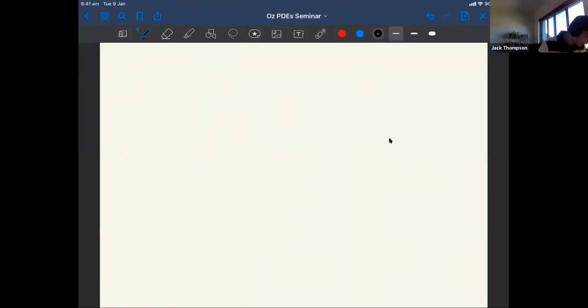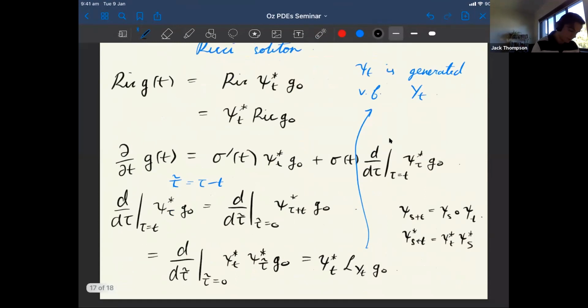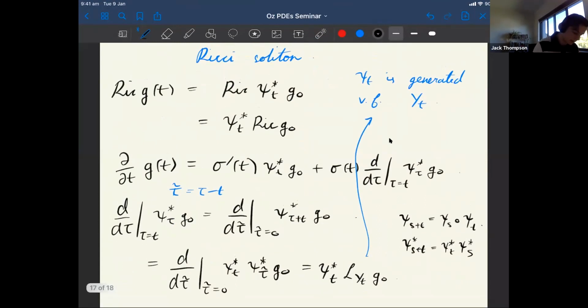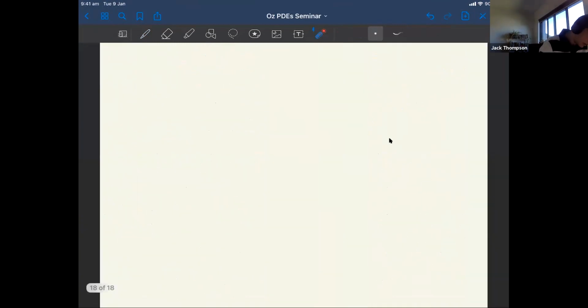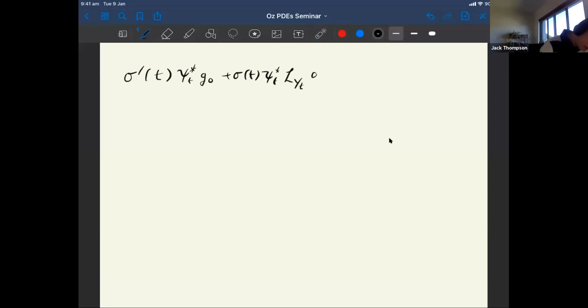So on the left-hand side, I had this plus this times by this. So I had sigma prime, and on the right-hand side, I had this.